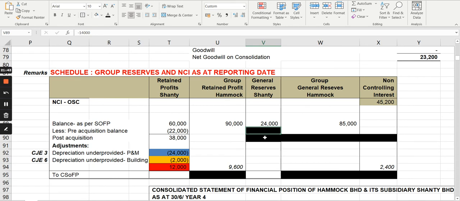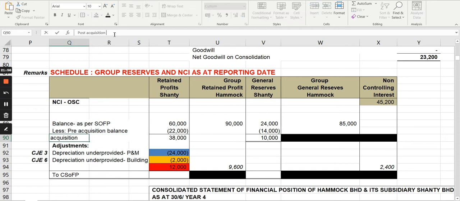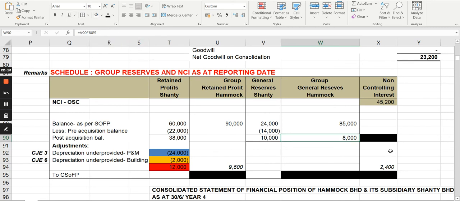Now we are doing the general reserve. General reserve, there are no adjustments so far. So you just take out the pre-acquisition balance in the general reserve. You have the post-acquisition balance, the unadjusted post-acquisition balance, right? 10,000. You will have to show the share of the group based on this 80% ratio. So that gives you 8,000.